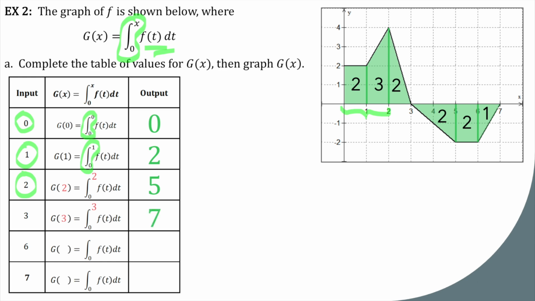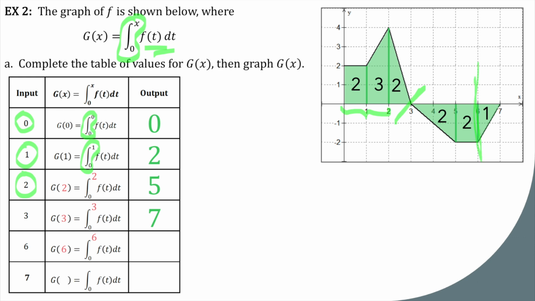And continuing on, g of 3 would be 7. But at 3, our function dips below the x-axis. So now these areas that are coming up, 2, 2, and 1, those are going to count negative. All right, so g of 6. Right, so we want the area under the curve between 0 and 6.